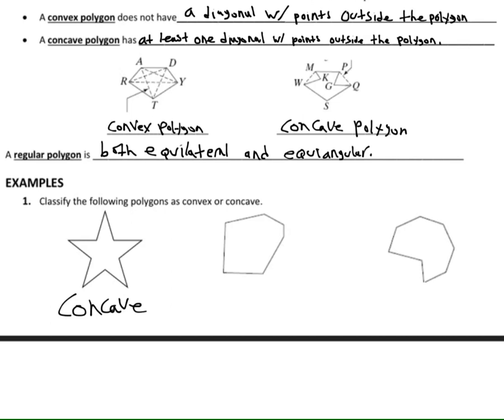For the second one, all the points are going to be outside of the polygon. If I was to draw diagonals going from each one of these points, every single one of those diagonals is going to be inside of the polygon. So this is going to be a convex polygon. And the last one, of course, has two angles, or an angle basically, going into the shape. So this is going to be a concave polygon.